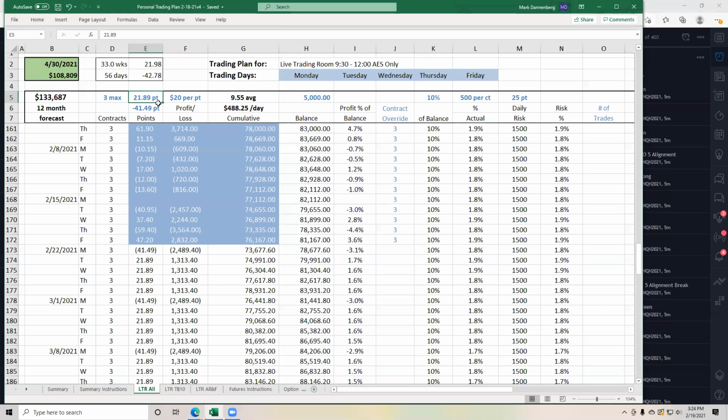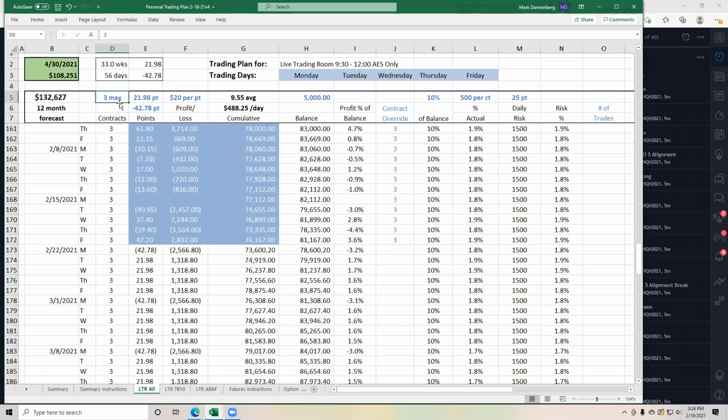So I'm going to put 21.98 as my going forward forecast run rate, and I'm going to put minus 42.78 as my going forward losing trade day expectation.